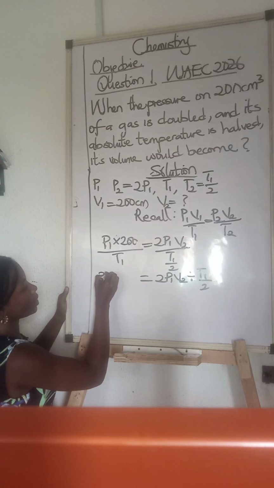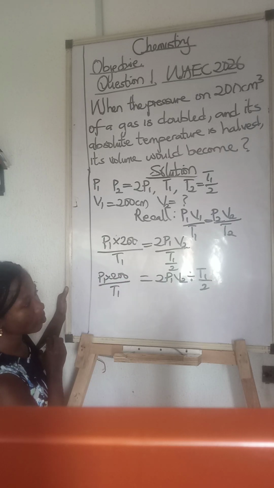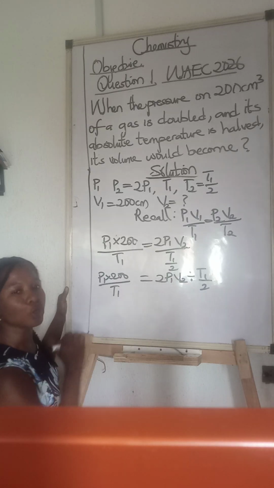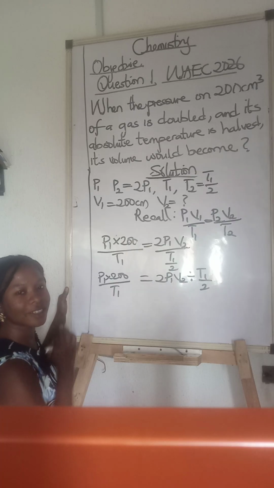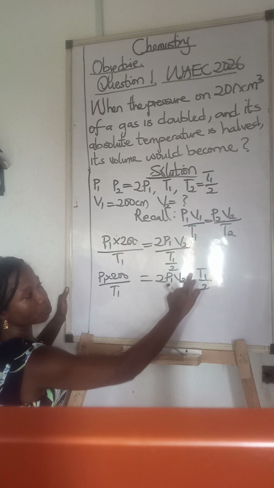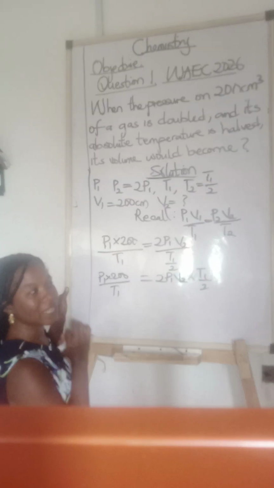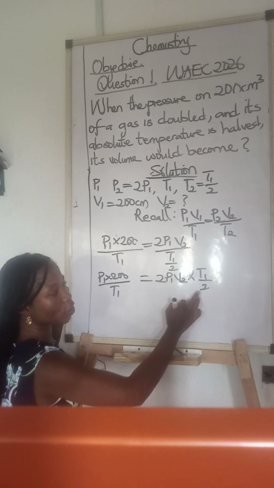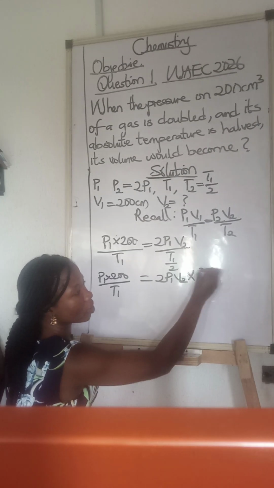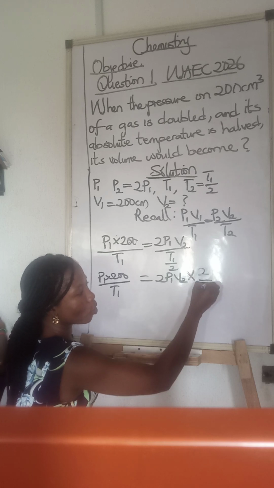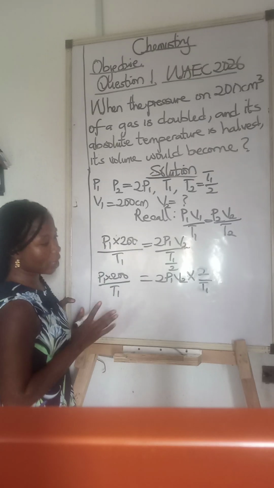Remember, P1 times 200 over T1 is here. We cannot continue with division. What we do mathematically, when you see a division like this, you change it to multiplication. As the division changes to multiplication, the bottom number will go to the top and the top number will come to the bottom. I hope you are following. So we are good to go.